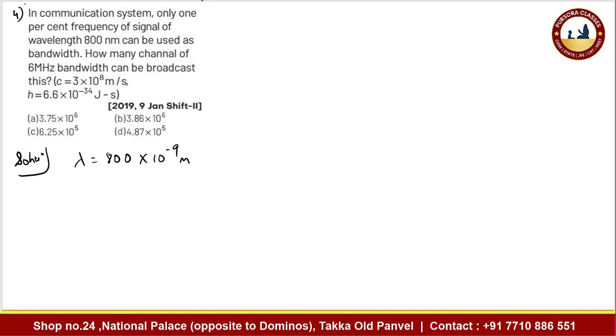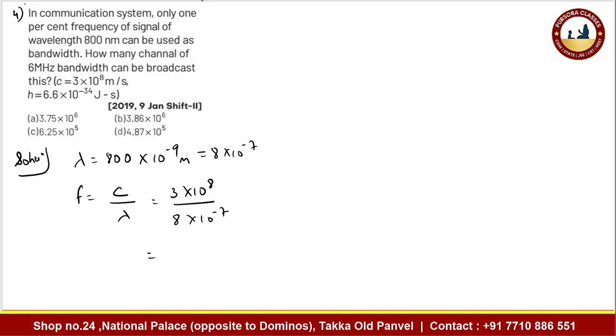Okay, so we have wavelength, so we can find out its frequency. Frequency is velocity upon wavelength. So velocity is 3 into 10 raised to 8, and wavelength we can take as 8 into 10 raised to minus 7.